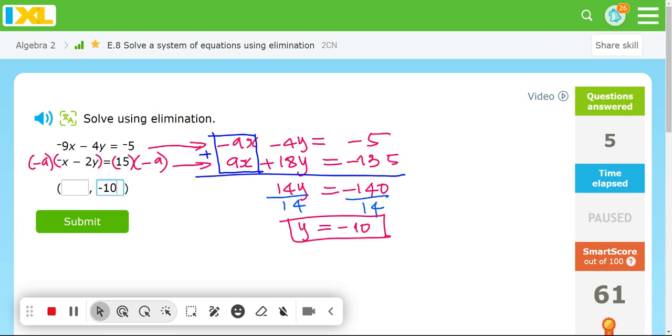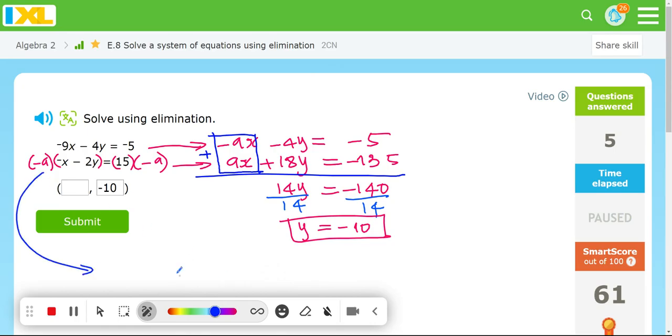Okay, here we go. Now I want to solve for the x. All right, I can go to the second equation. So second equation over here. Subtract x, subtract 2y equals 15. Okay, so I put the y for negative 10 right there.